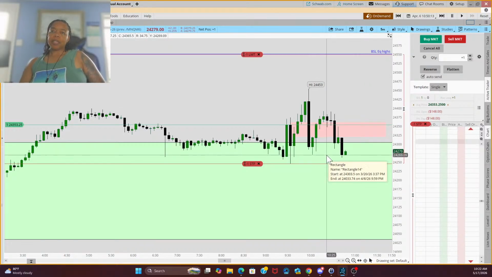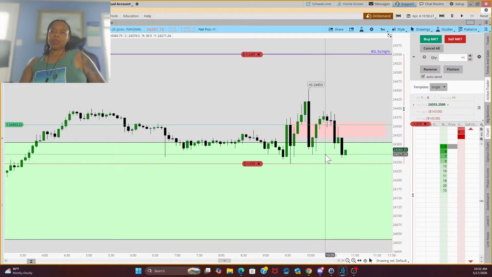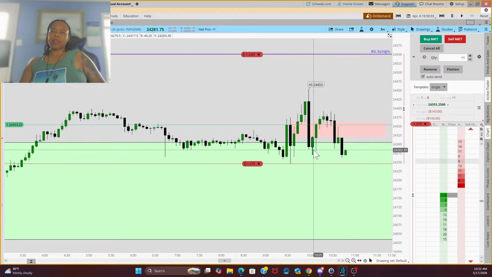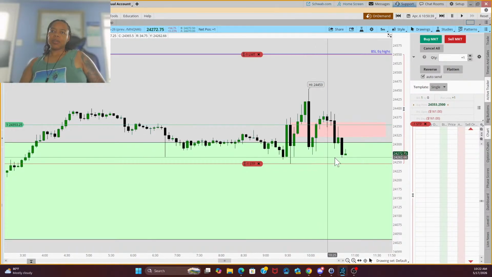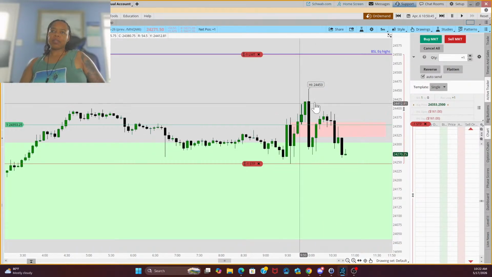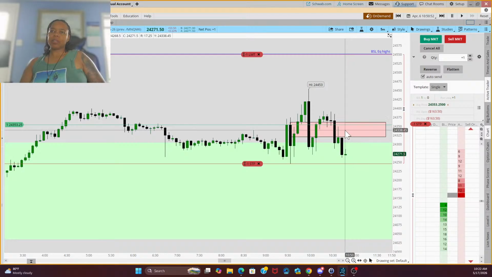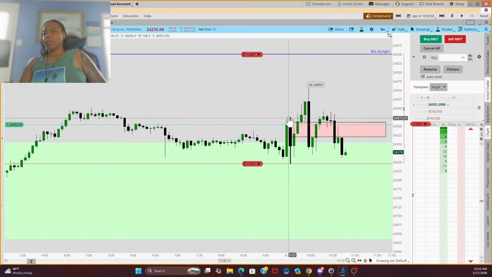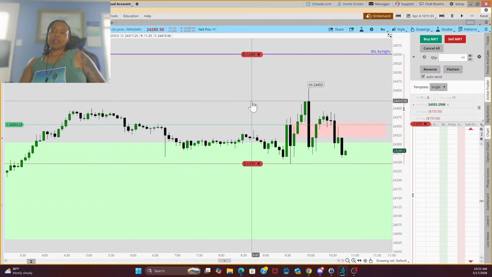The only thing that could possibly save this now is if they decide that that's it. They've swept out everybody who went long here, all the liquidity, and then they decide to run up. But this is looking more like it's going to continue coming down. And that's fine if that's the case. We're working with the information that we have.